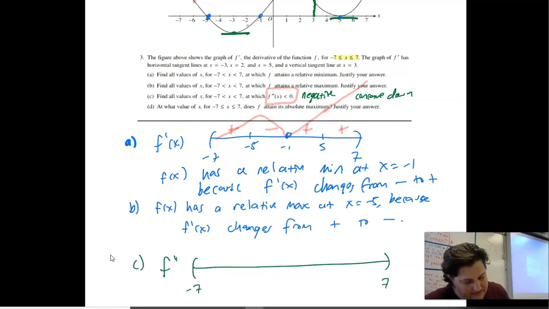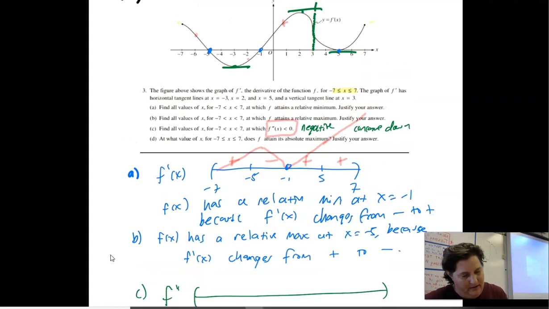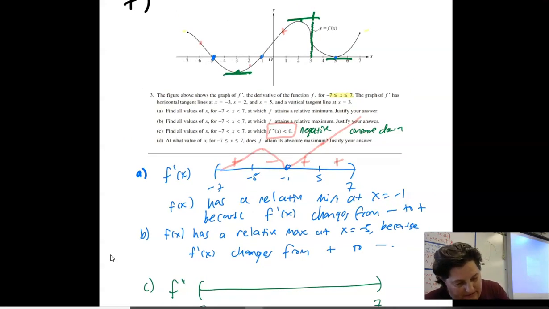Negative 7 to 7. Okay, and the second derivative is where we have horizontal tangents, or derivatives where the slope is 0. And it told us it was at negative 3, 2, and 5. And so we think about our guy hitting the slopes on here, right?